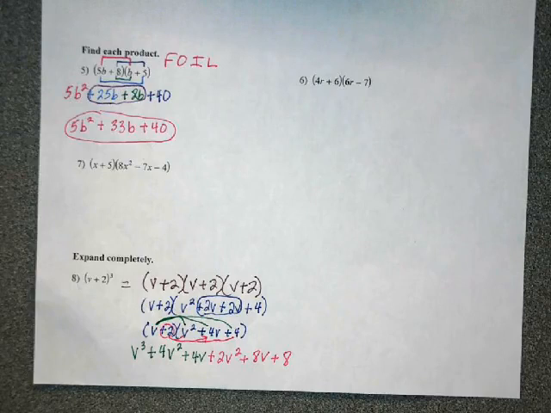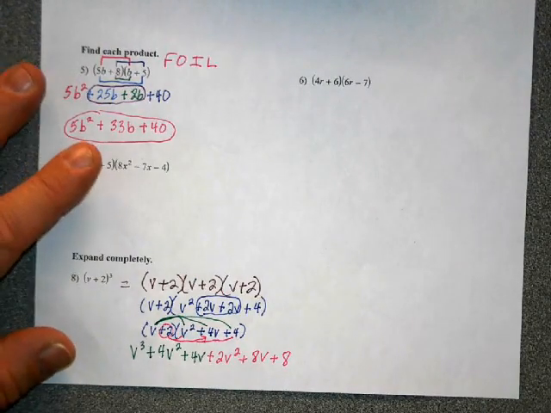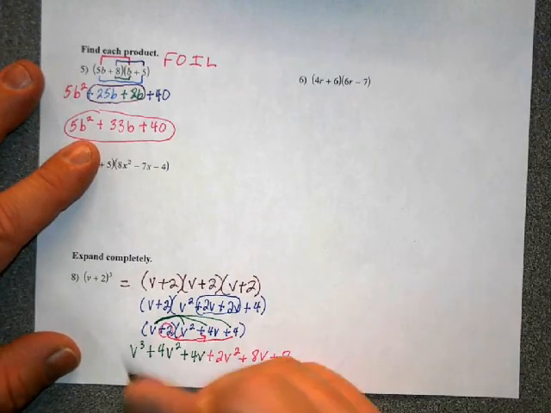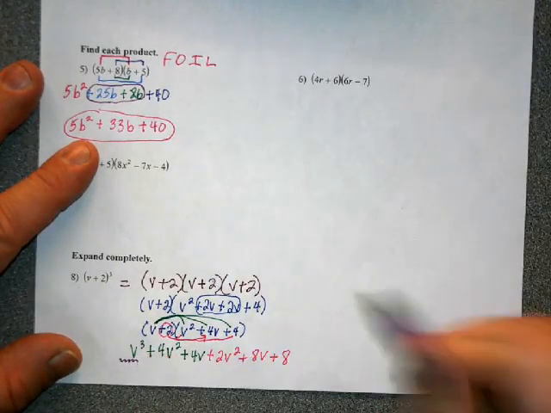Now we combine our like terms. Let's see, we only have this cube term, so I have v cubed.